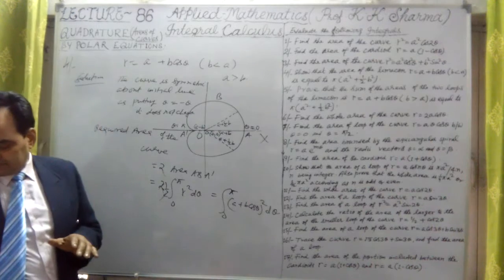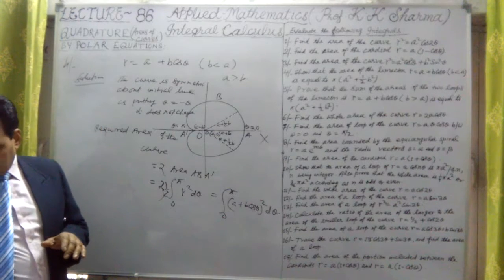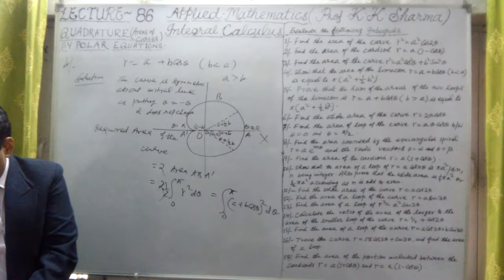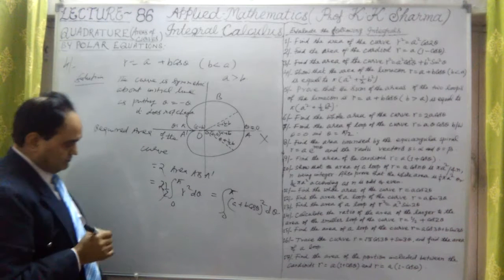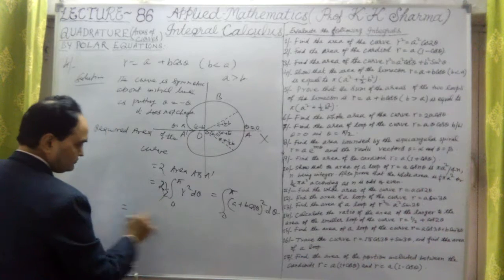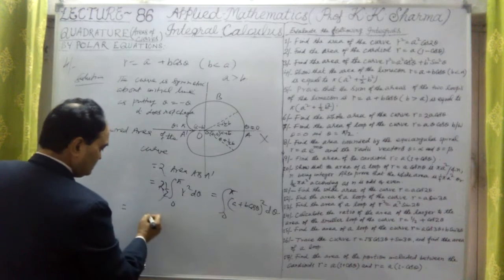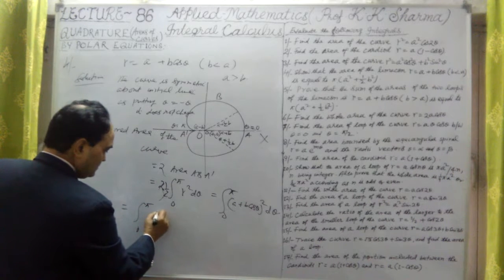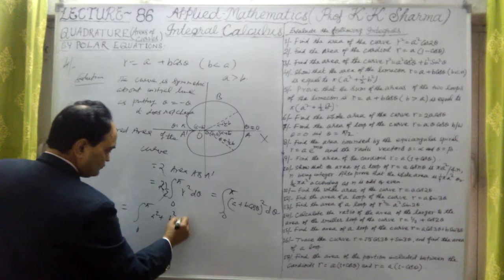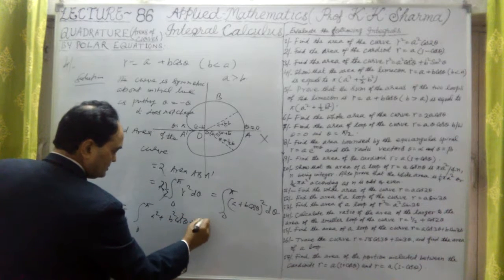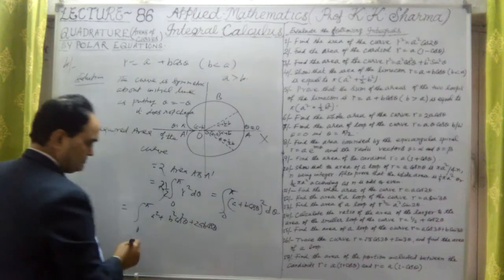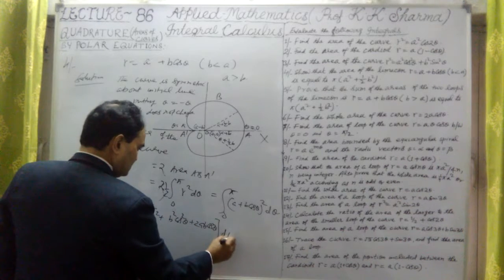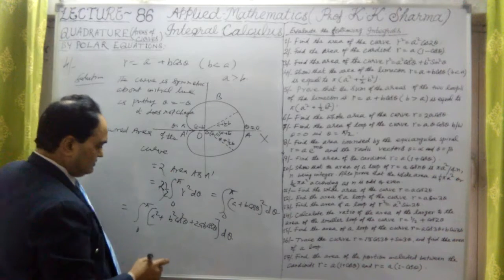Now let me solve it. So finally, what is the solution of this question? Okay, so this will give us, if I open this whole square, let me first open it with 0 to pi limits: a square plus b square cos square theta plus twice ab cos theta. Okay, and the limits here we will substitute, but before that let me integrate this.